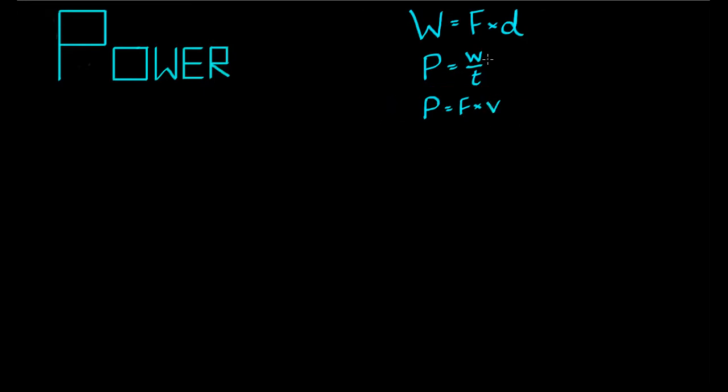First of all, let's do the find-the-work-and-then-use-the-time-to-find-the-power type of question. Say we have a fridge, which is already sitting on a shelf at a height of 1 meter. And then we move it up to a shelf at a height of 4 meters. So there's the fridge in the first instance.